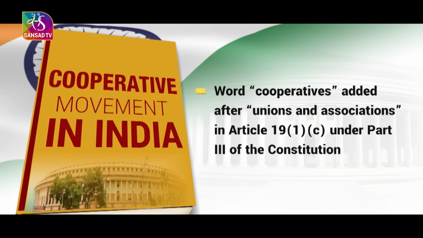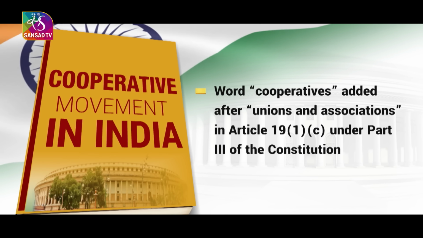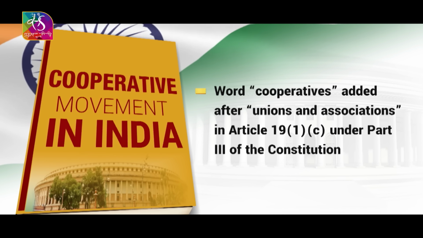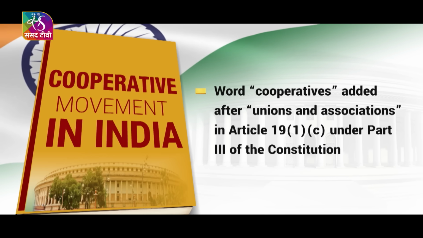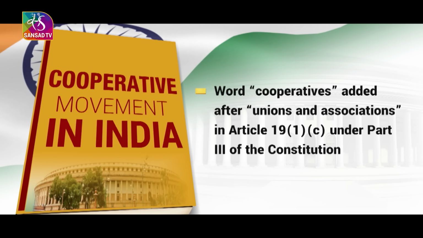For the promotion of cooperative societies in the country, the word cooperatives was added after unions and associations in Article 19(1)(c) under Part 3 of the Constitution. This enables all the citizens to form cooperatives by giving it the status of fundamental right of citizens. A new Article 43(b) was added in the Directive Principles of State Policy.